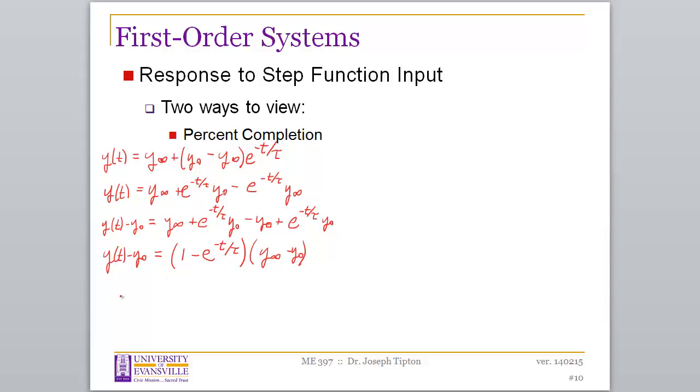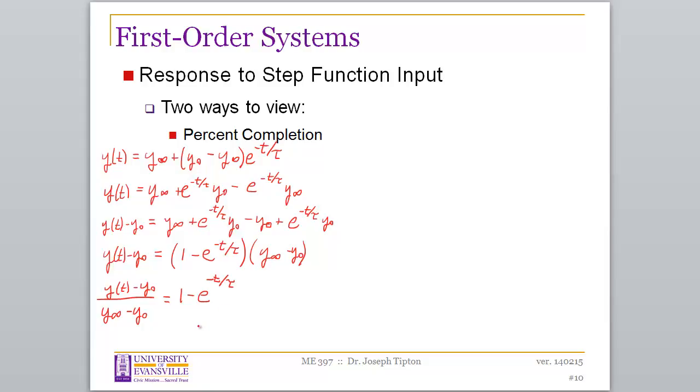And then finally, I can write it this way: y of t minus y naught over, and I can divide this over, y infinity minus y naught, and that equals 1 minus e raised to the minus time over tau, my time constant.